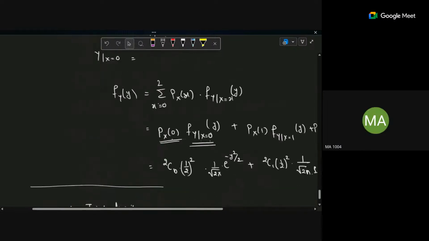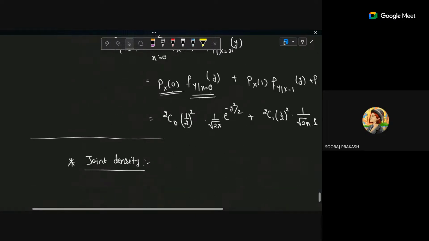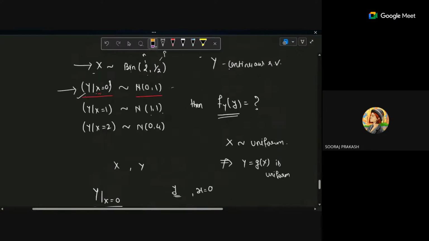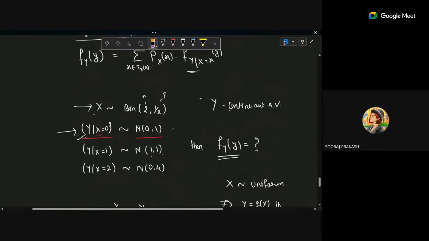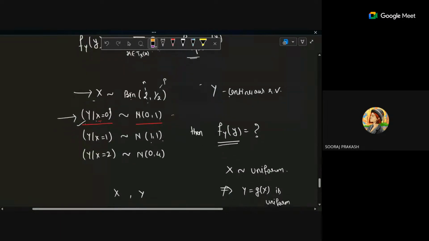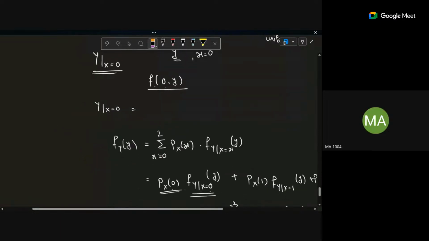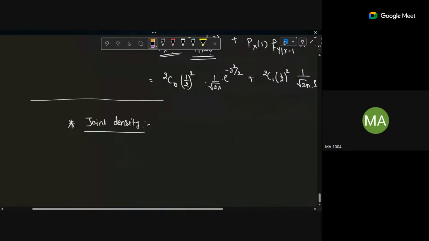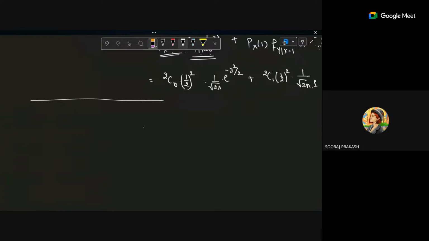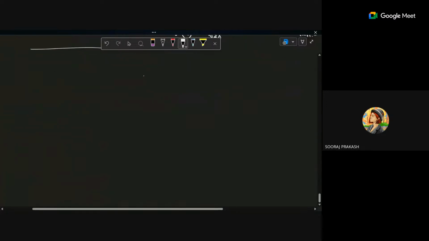I didn't understand your question. What are you asking? I am not aware of that joint density term, how did it come? Okay, from where did this concept come? No, ma'am, about the word density after joint, how was it added?